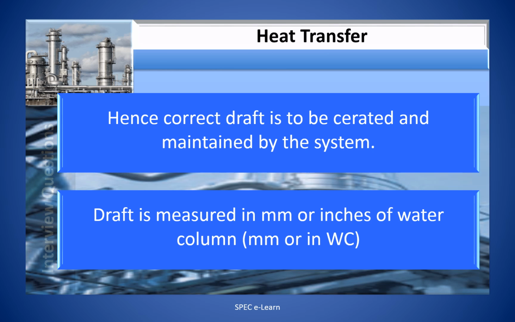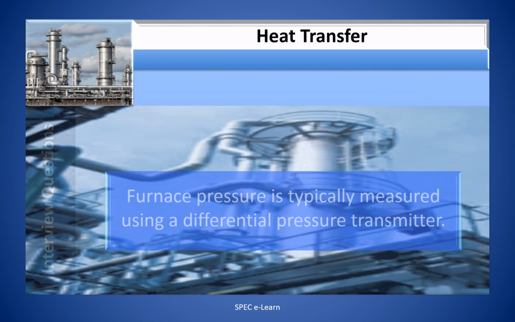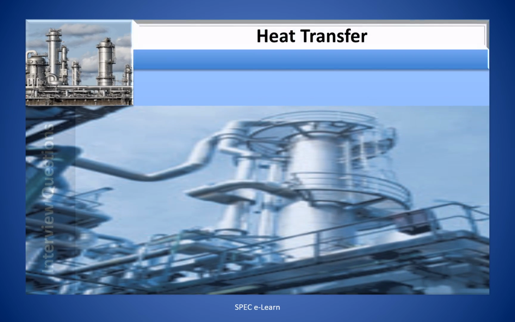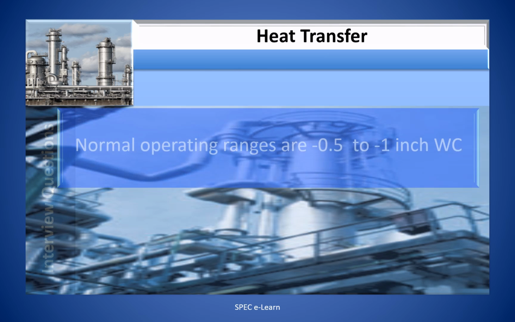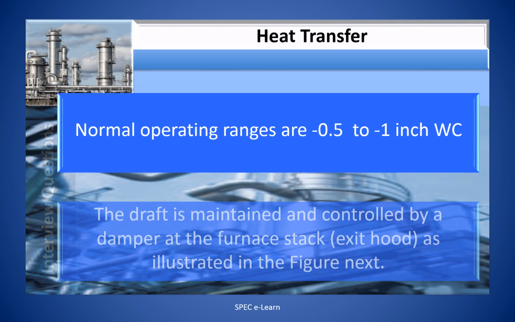Draft is measured in mm or inches of water column. Furnace pressure is typically measured using a differential pressure transmitter. Normal operating range is minus 0.5 to minus 1 inch of water column.